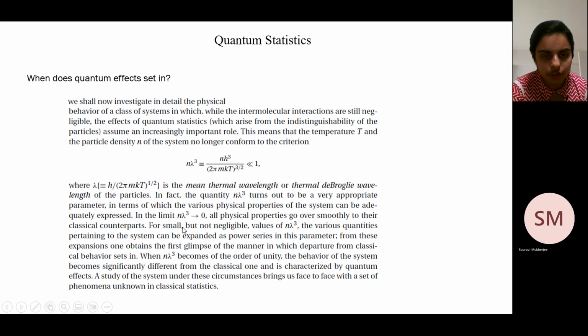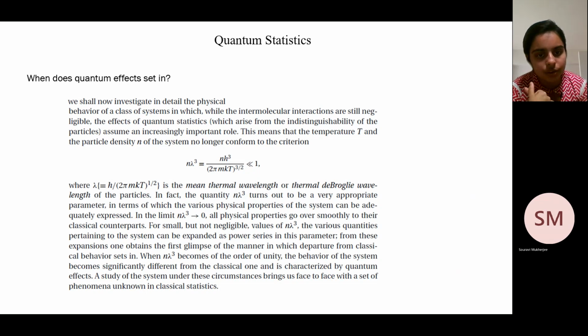For small but non-negligible values of n lambda cube, the various quantities pertaining to the system can be expanded as power series, and from these expansions one obtains the first glimpse of the departure from the classical limit. So gradually, when n lambda cube becomes non-zero, the quantum effects set in.